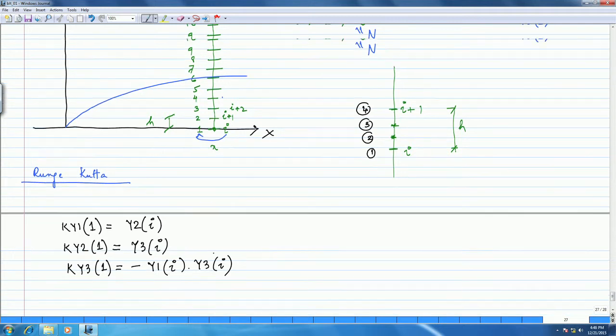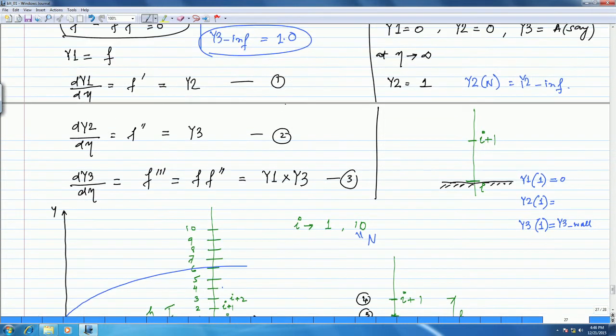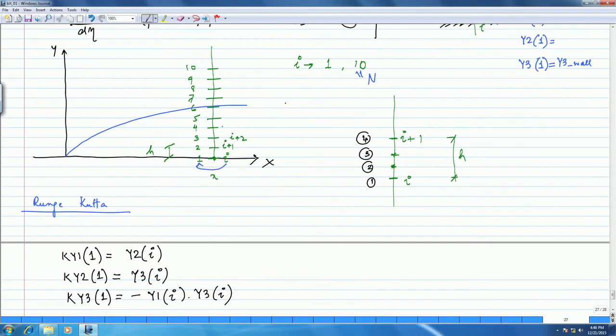And where do I get this from? It is nothing but this third equation. So we are writing out 1, 2 and 3. These are the equations that I've actually written out in the computer code.